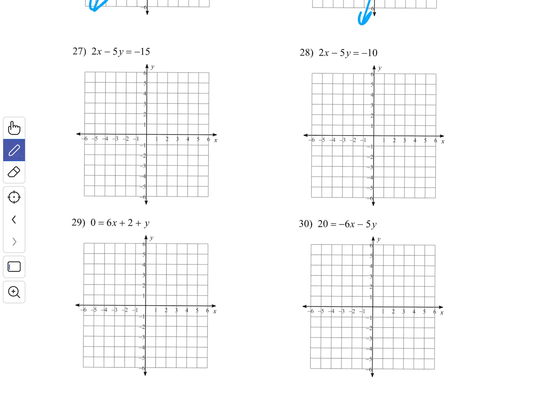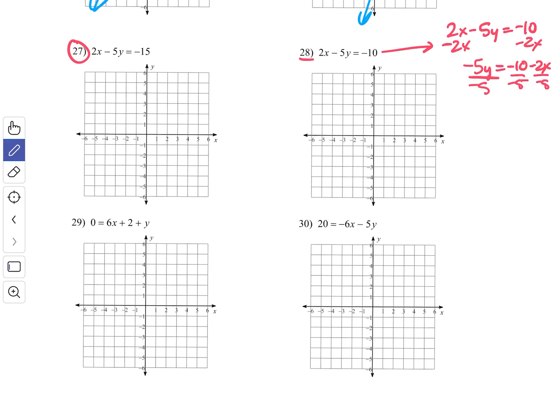Okay? Or I could try to put it into slope-intercept form. So I'll do 27 like y-intercept. 28 will turn into slope-intercept form. So to do that, we basically have to get y by itself. So I'd subtract 2x from both sides. Get negative 5y equals negative 10 minus 2x.